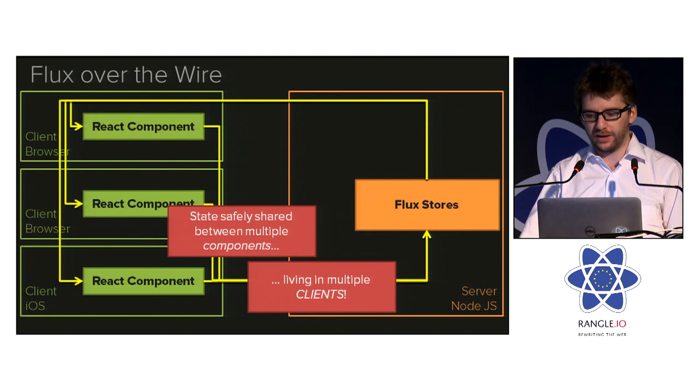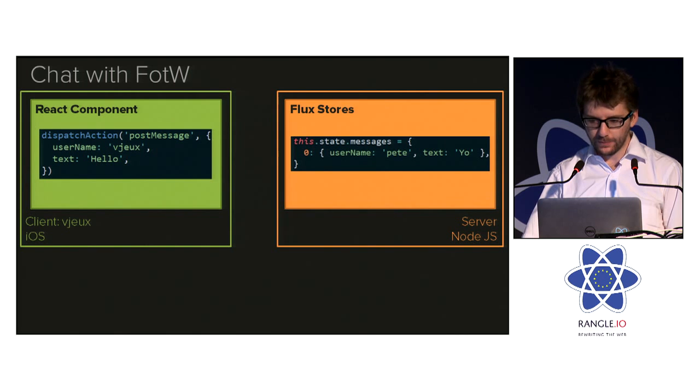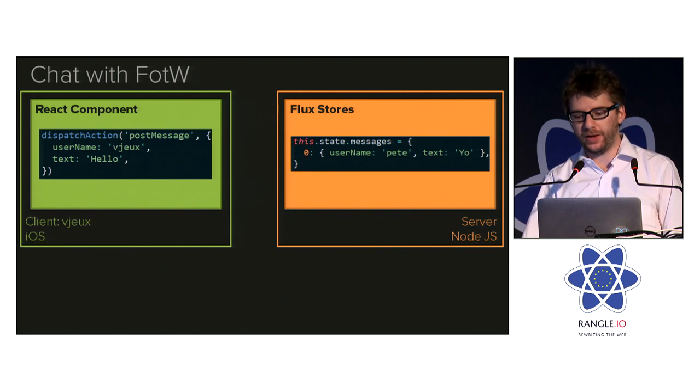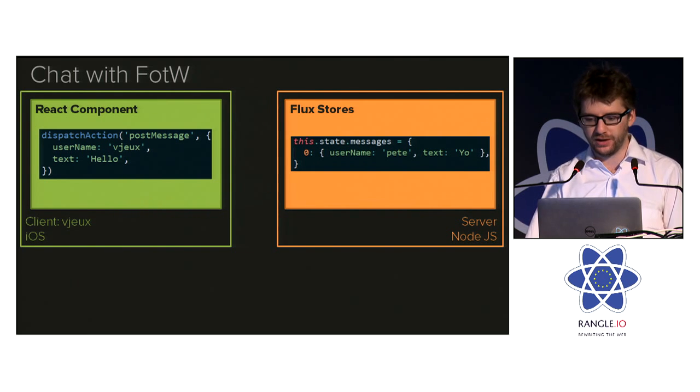The use cases are limitless, but let's examine the most obvious one, a multi-user chat. So on the left side, we have Visual running our React Native app on iOS. At this point on our server, the Flux store representing the shared state only contains one message, which is Pete saying hello. Visual writes a message on his app and touches the send button.